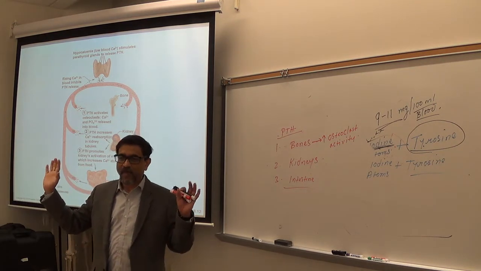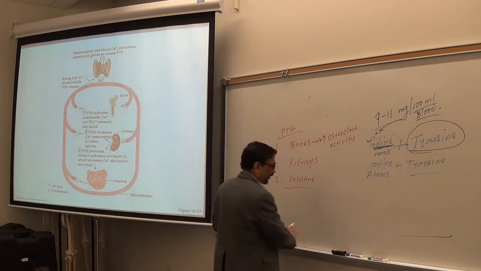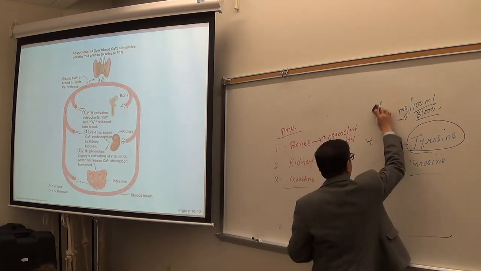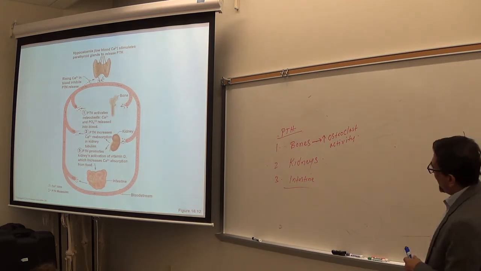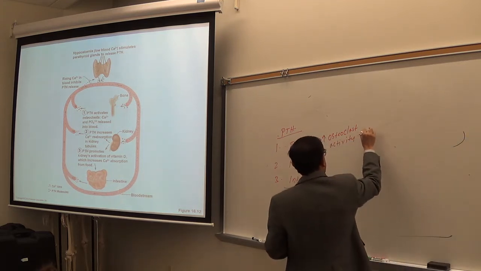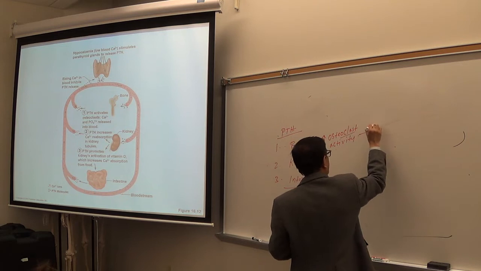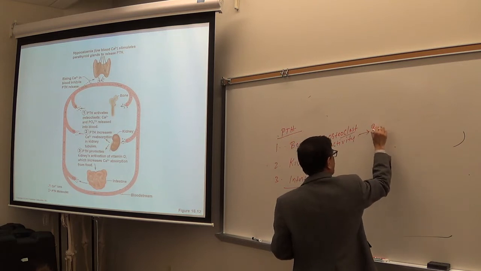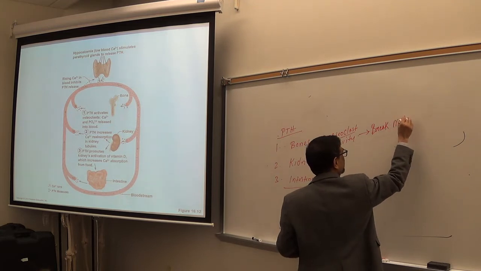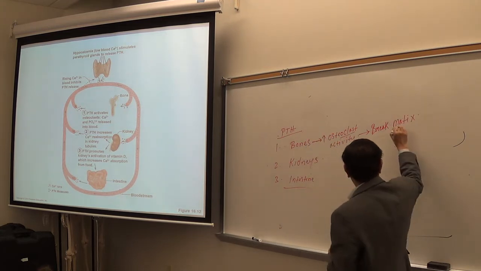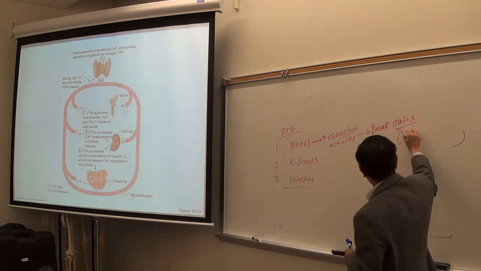Is it clear? So if parathyroid hormone increases osteoclast activity, osteoclasts will destroy or break the matrix of the bone. Matrix is filled with calcium, you know that.